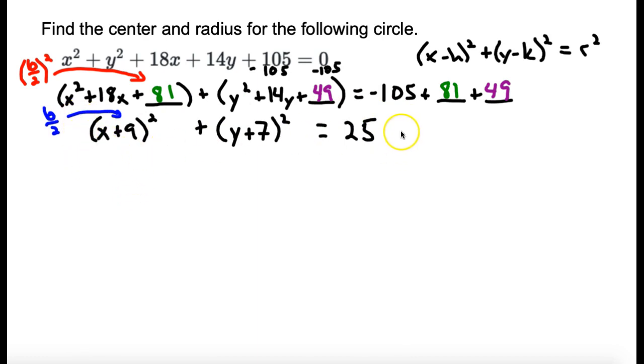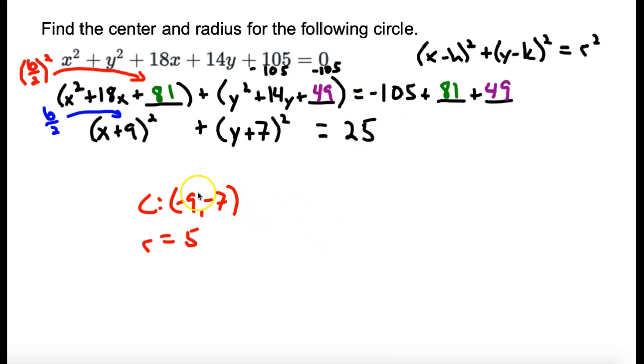And now this looks like what we talked about in the last video. So now from this, I can get the center and the radius. Right? So my center is going to be at the point negative 9, negative 7. And my radius is the square root of 25, which is 5.